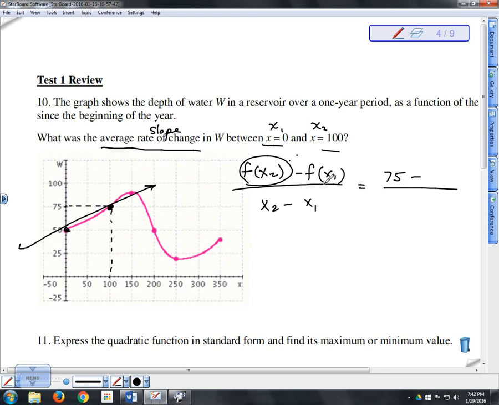Now f of x1, remember, is f of 0, so if we go to 0 on the graph, it's at 50, so f of 0 is equal to 50. x2 minus x1 is 100 minus 0, so that's 100. You get 25 over 100, which is 1/4.